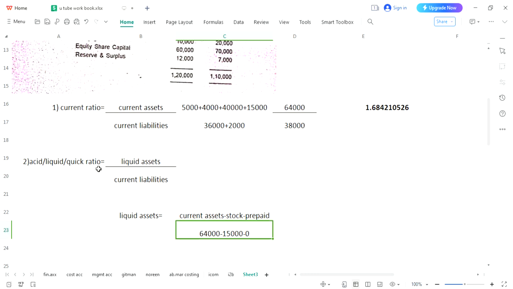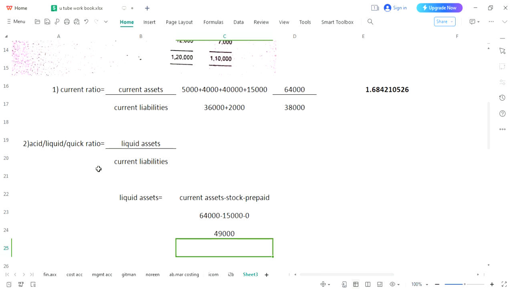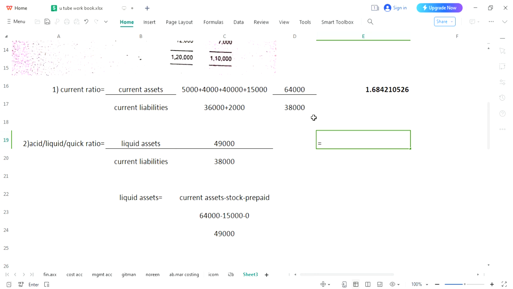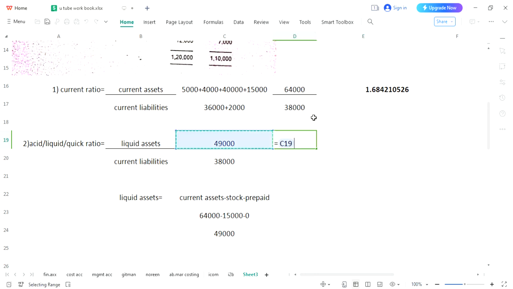So now we are going to calculate it by simply subtracting stock from current assets. So we have got our liquid asset 49,000. Let's put them as liquid asset, and at the same time we need to put our current liabilities which have been already calculated. Here you can see current liabilities 38,000, so just put 38,000. Now finally we are ready to calculate answer of liquid ratio, liquid assets divided by current liabilities.